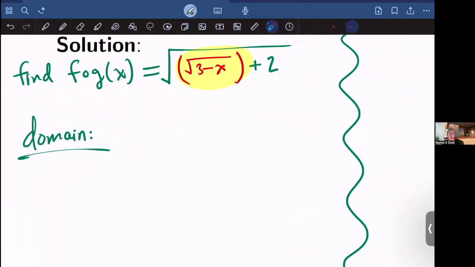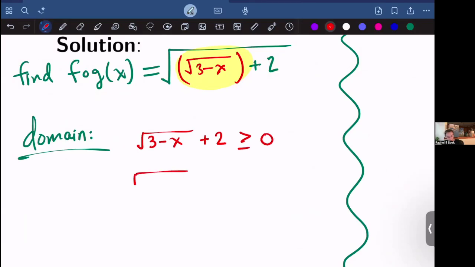And so we cannot have negative values underneath the root, which tells us that the square root of 3 minus x plus 2 has to be greater than or equal to 0. And so we get the square root of 3 minus x is greater than or equal to -2.